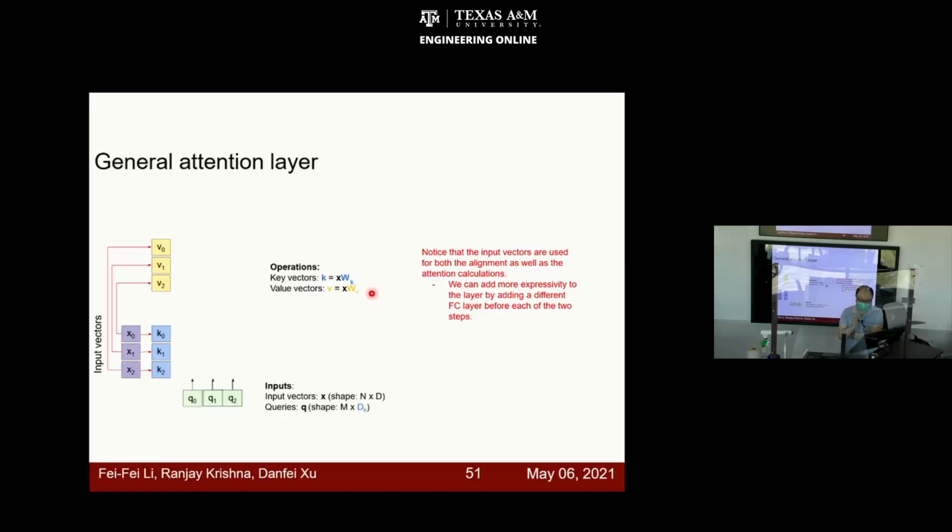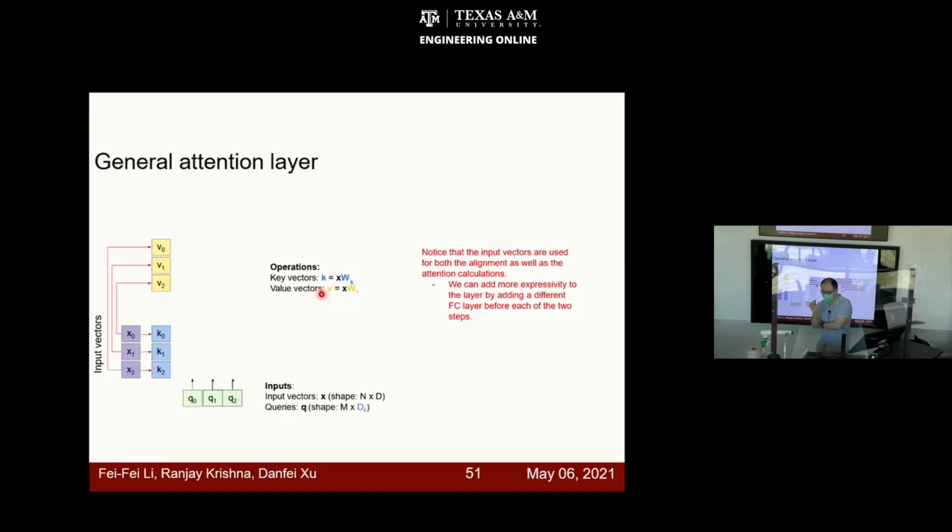So now you see that I split that input vector, which was participating in both steps, into two vectors, keys and values. Later on we'll talk about the transformers. Now you see that for our input, we now have queries, but then our input vector x is essentially split into key and value. So the transformers use keys, values, and queries a lot.